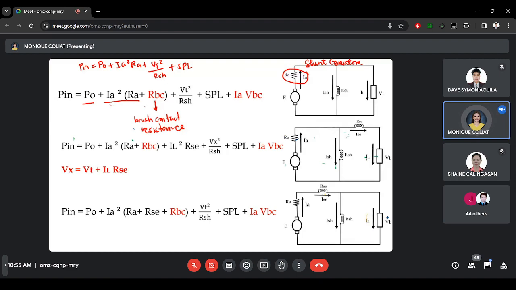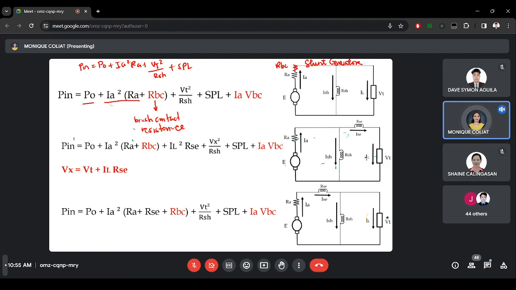So if you put RBC here, it will be here or anywhere in series with RA. If there is a brush contact resistance, it is in series with RA or the armature. That's why you will just add it. Okay? Then, next power is the power here.